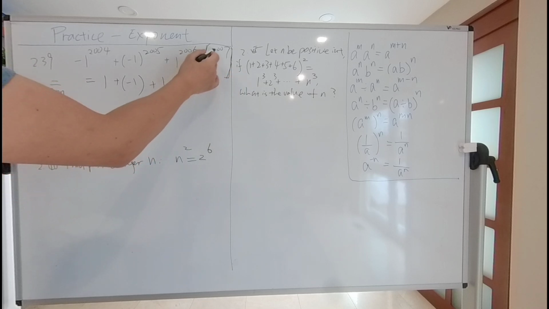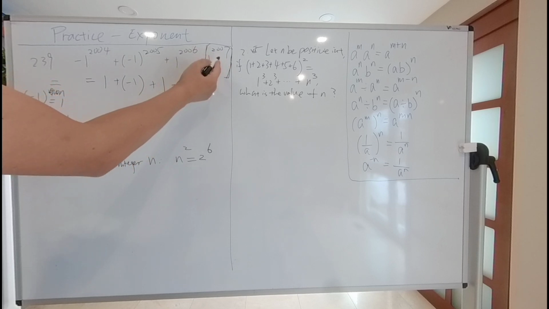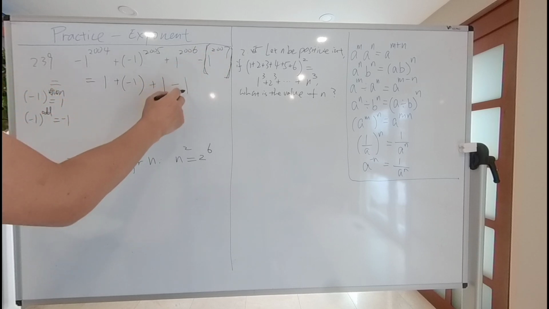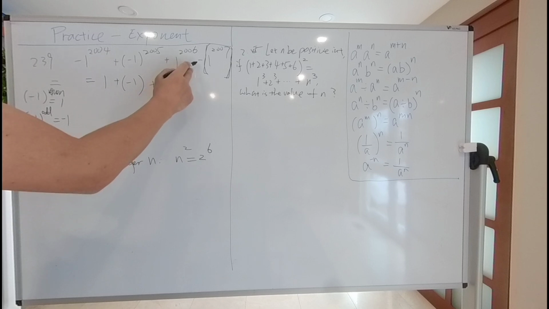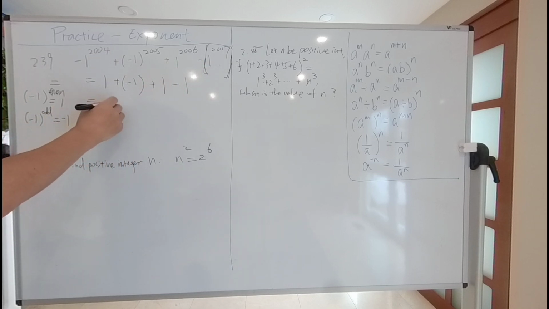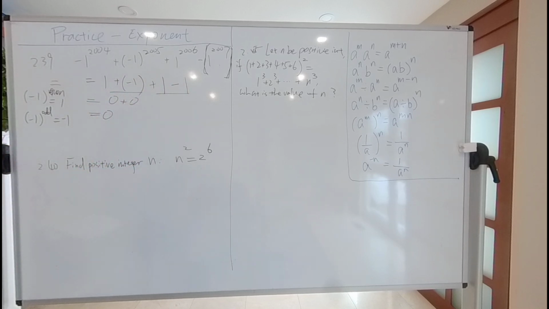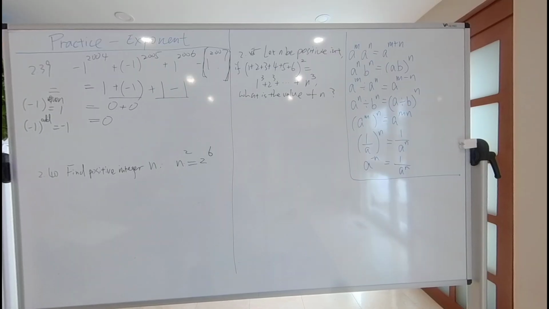So it's 1 to the power of 2007 again, and because it's not a minus number, it doesn't matter whether the power is even or odd, it's always equal to 1. And then you keep the minus sign, so it's minus 1. Right, and then these two cancel out, these two cancel out. Eventually, your result is 0.